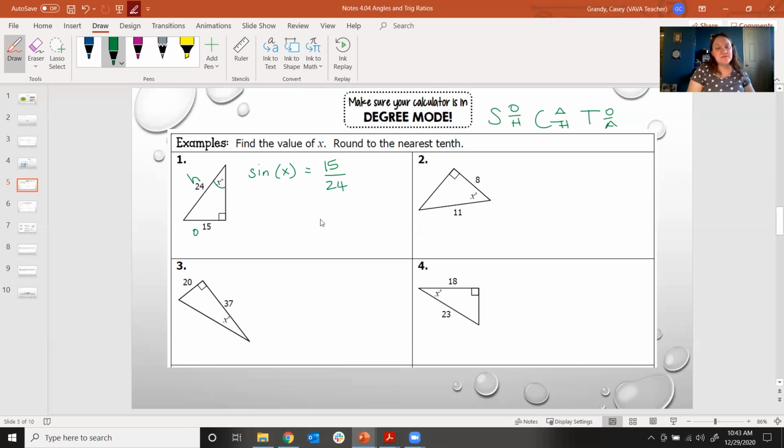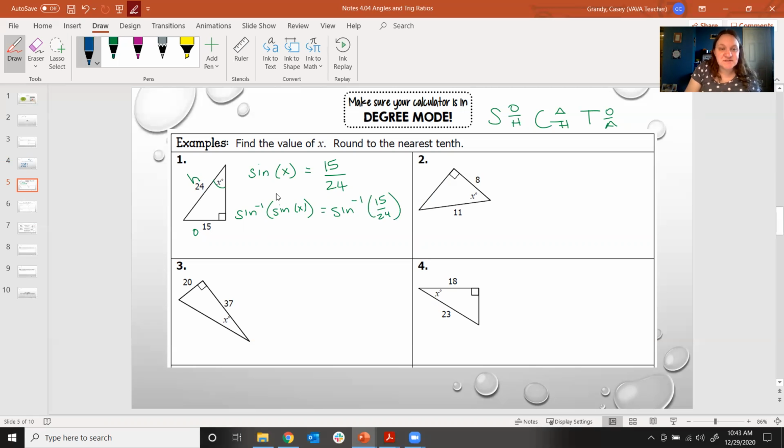Now here's where it's different from last class. My variable is the angle. I need to get rid of my sine. Remember, to get rid of one of these functions, we have to use the inverse. So I'm going to do the sine inverse of the sine of X. If I take the sine inverse of the left side, then I have to do the exact same thing on the right side.